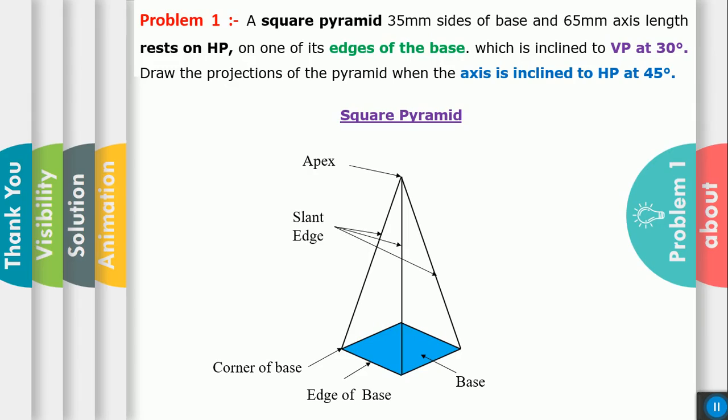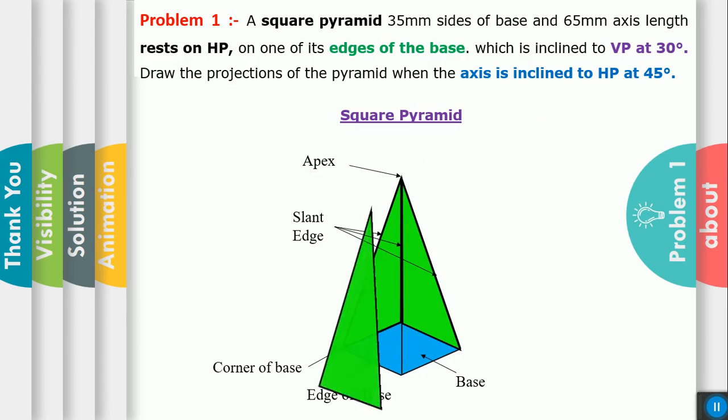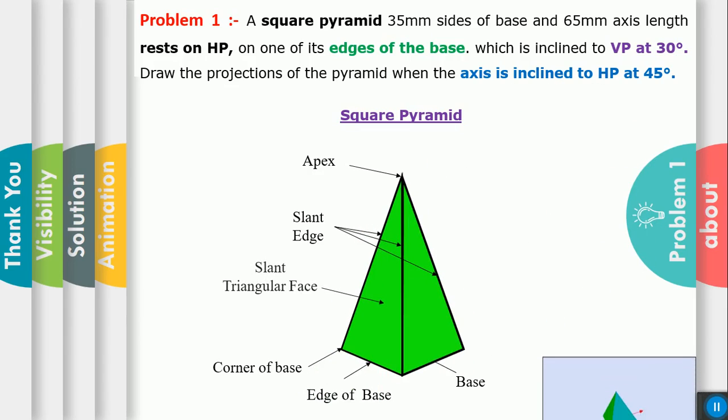Three at the front, one at the back. Between apex and base, there are four inclined triangular faces, which are known as slant triangular faces. Two at the front, two at the back. This is about a square pyramid.